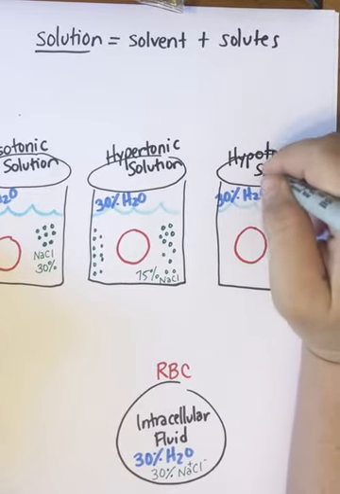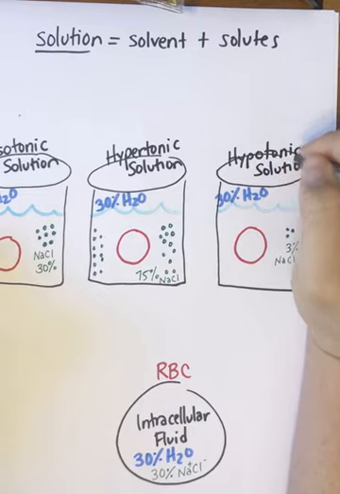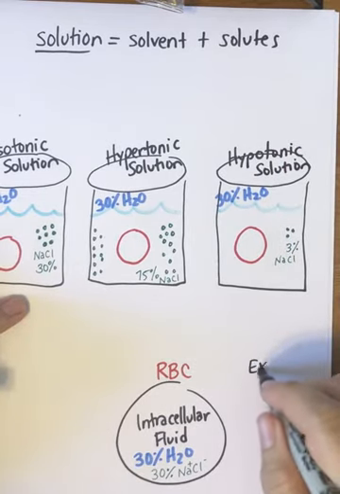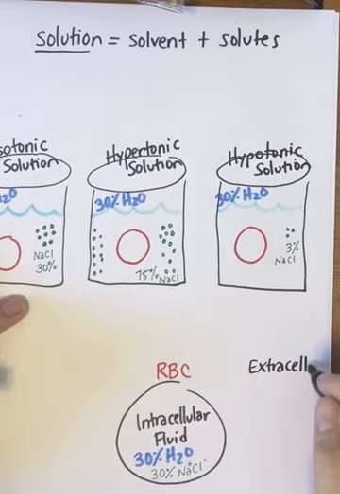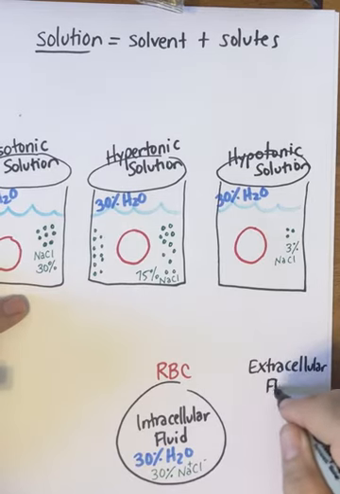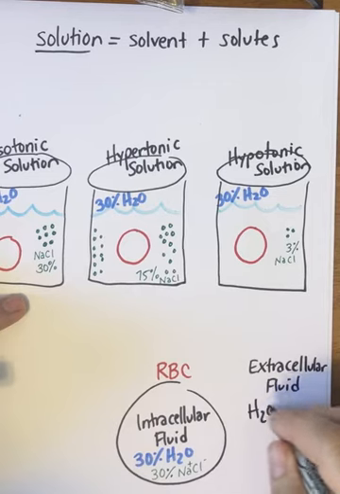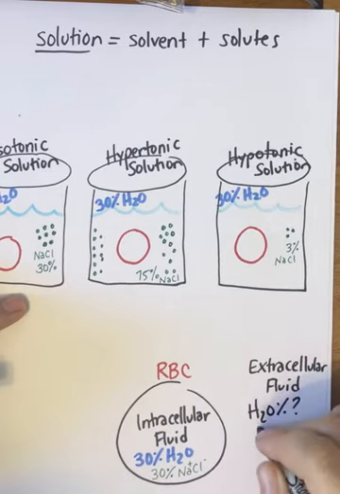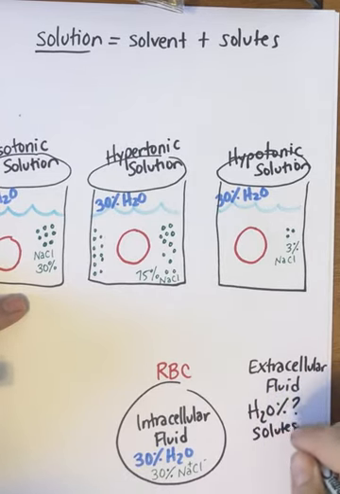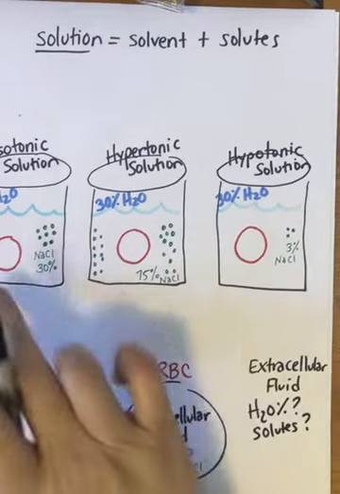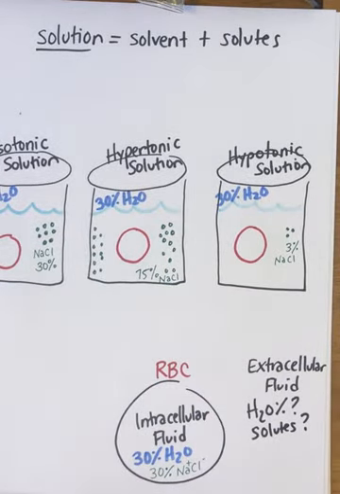Now, the fluid on the outside represents your extracellular fluid. Your extracellular fluid is going to have a different percentage of water and solutes. That's what these are going to represent. When we talk about the surrounding fluid around a red blood cell, that would technically be called your plasma.